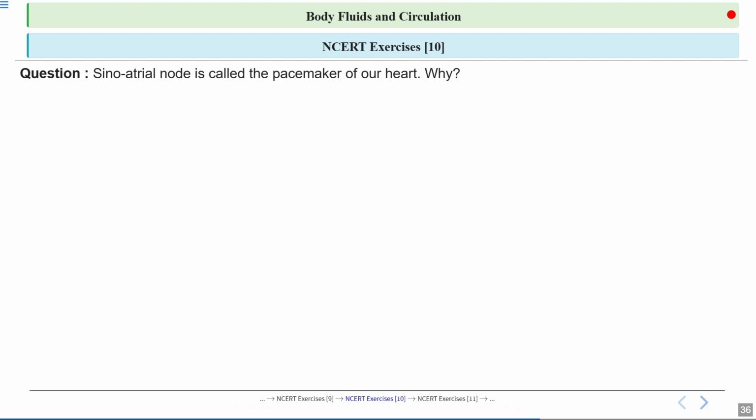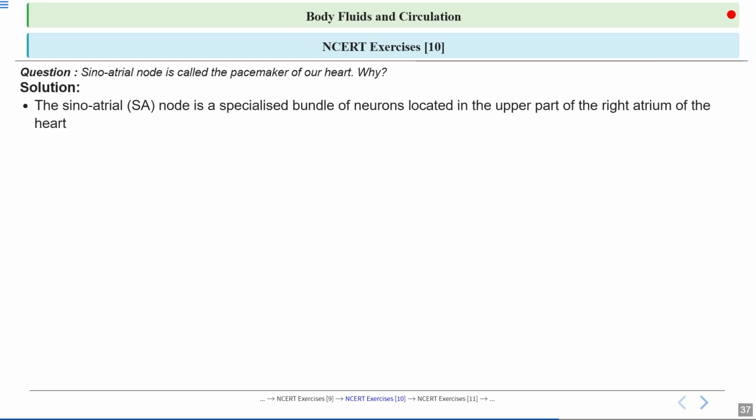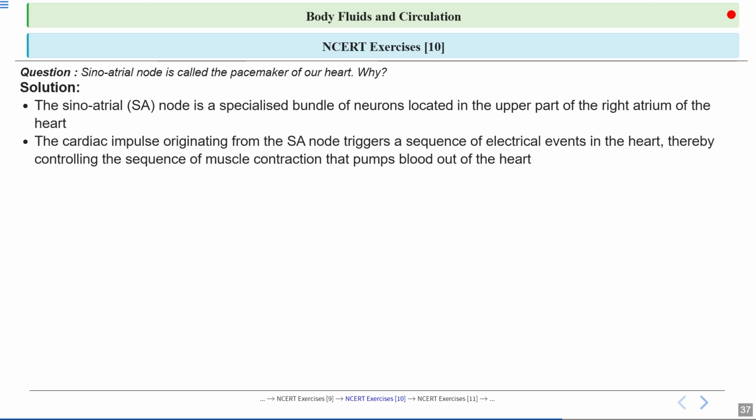Now let's move on to the next question. The question is: sinoatrial node is called the pacemaker of our heart. Why? So let's have a look at the answer. See, the sinoatrial node or SA node is a specialized bundle of neurons located in the upper part of the right atrium of the heart. Now, the cardiac impulses that start in the SA node trigger a sequence of electric events in the heart.